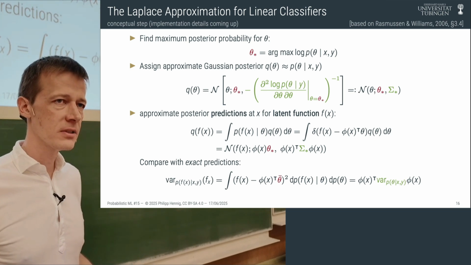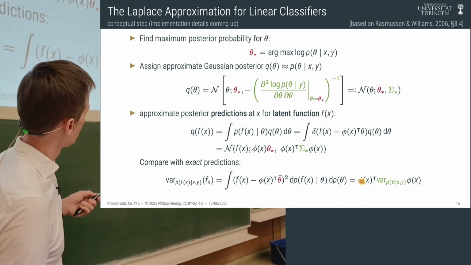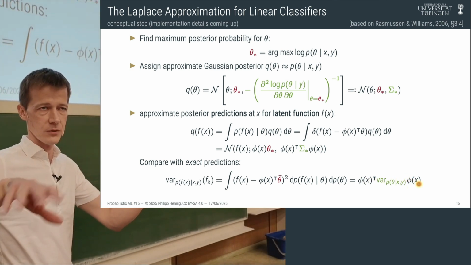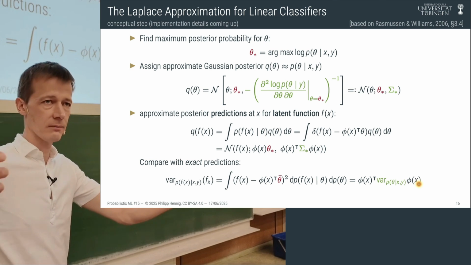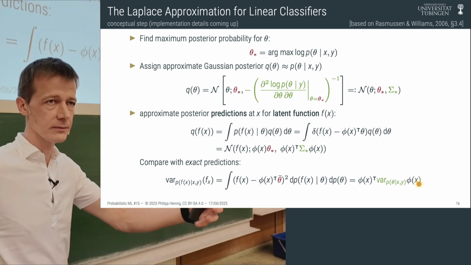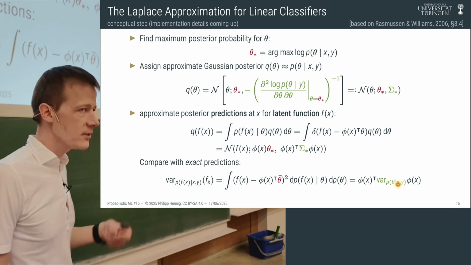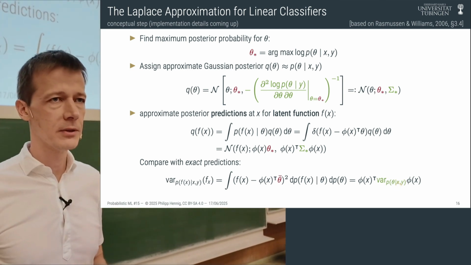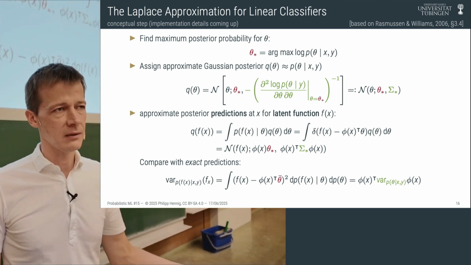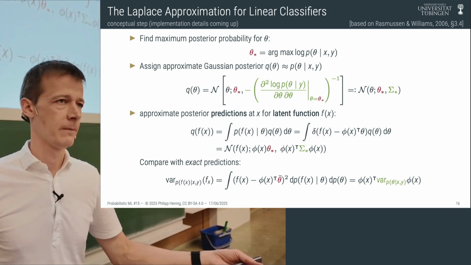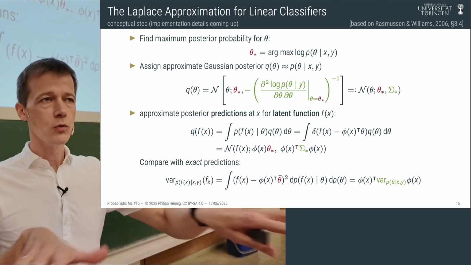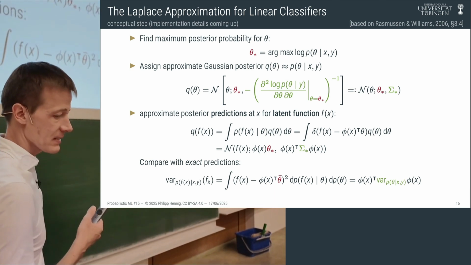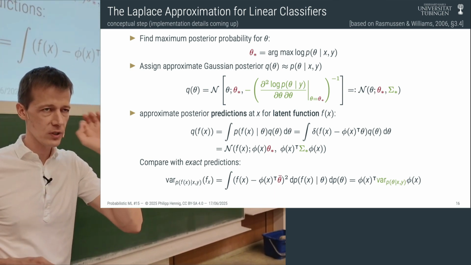For higher order moments, you will get an expression that is of the form something, phi of x from the left and phi of x from the right, to higher order. So you'll get 3, 4, 5 phi's entering, of the order of the moment. And then inside, you'll have the corresponding higher order moment of the posterior. And we're going to approximate that higher order moment with this analytic expression of mean, mode and curvature. So there will be no new quantities entering. By the nature of a Laplace approximation, we're only using the location and the curvature.